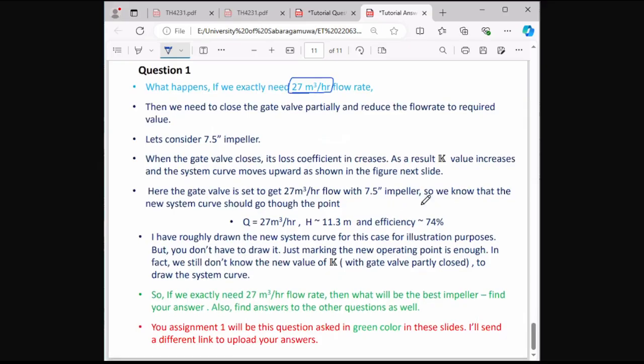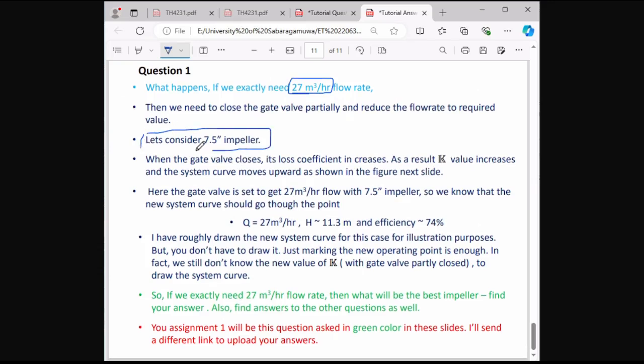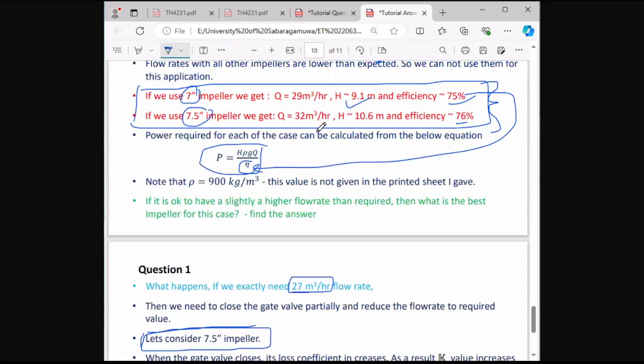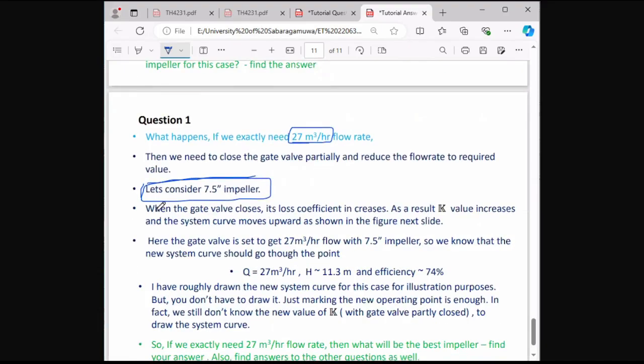Then you can consider one impeller size. If you want to consider the 7-inch one, you can. If you want the 7.5 impeller, you can get that. In this case, take it as a 7.5 impeller.